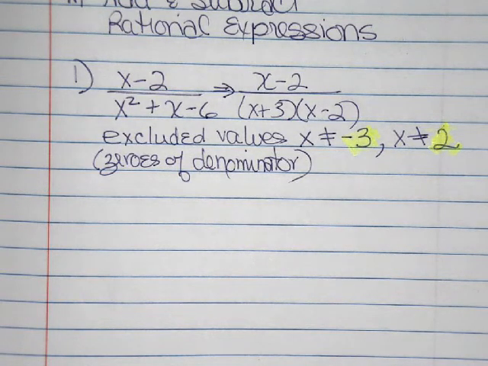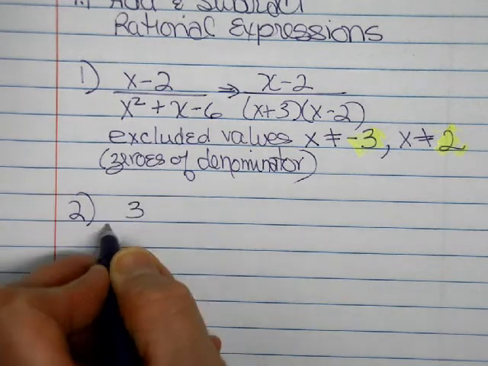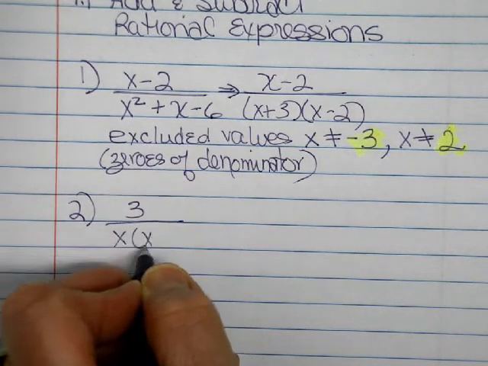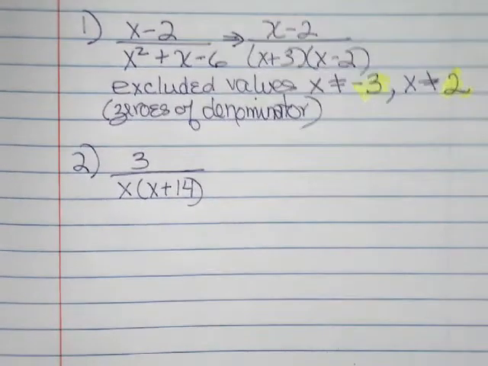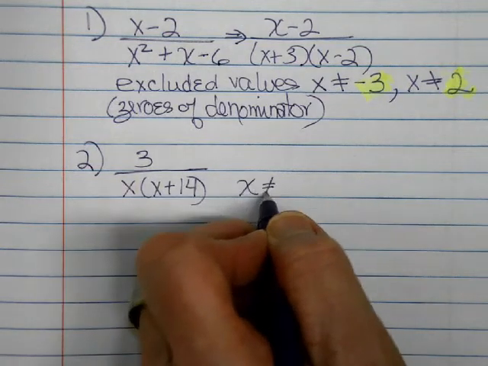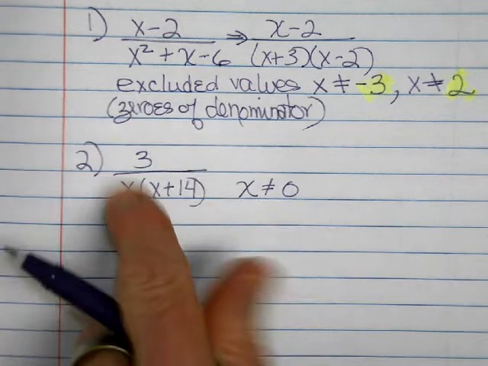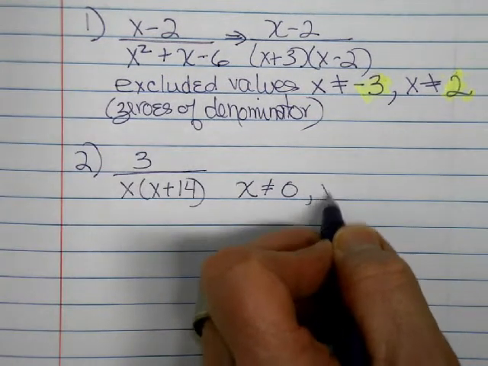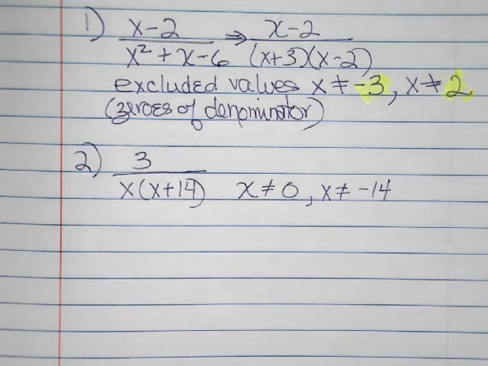So the first couple, 1 and 2, are just asking you to find excluded values. Number 2 in my example was already factored, so that was kind of nice. All I had to do was look down here and say x cannot equal 0. Remember, that's what an x factor gets. Or x cannot equal -14. For number 2, it is drag and drop.